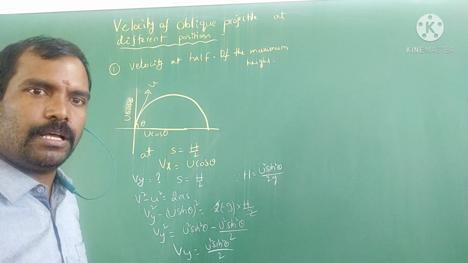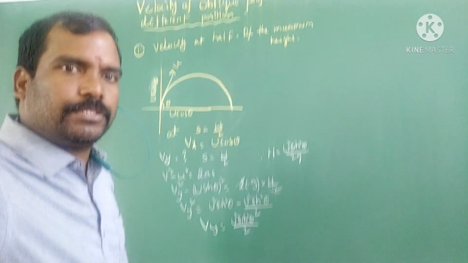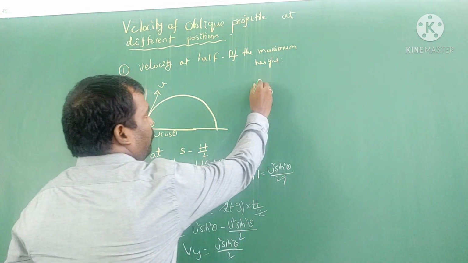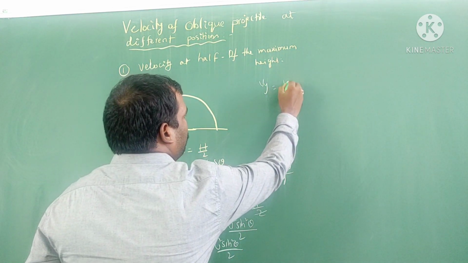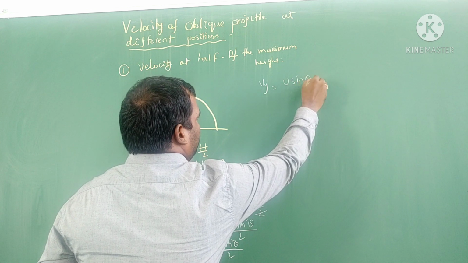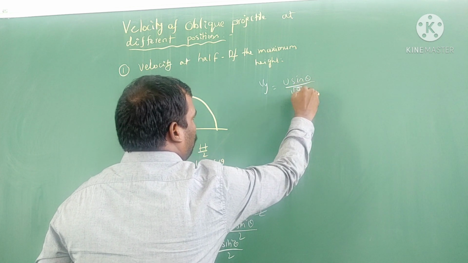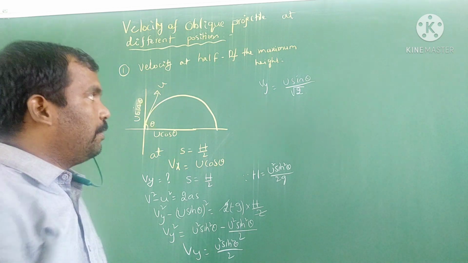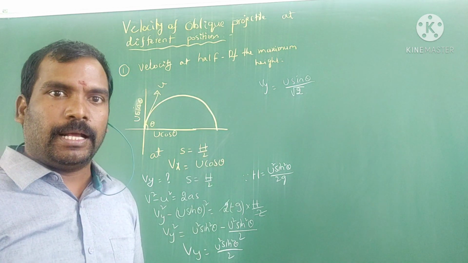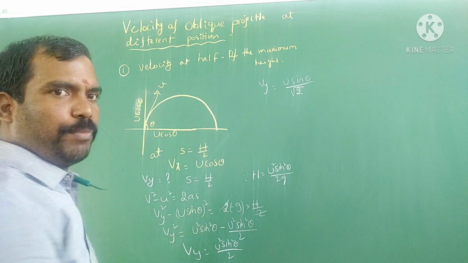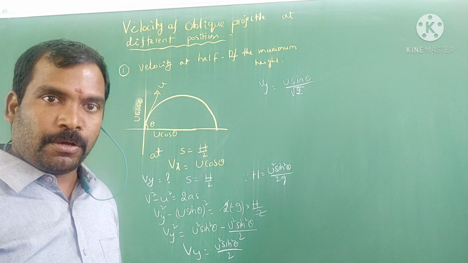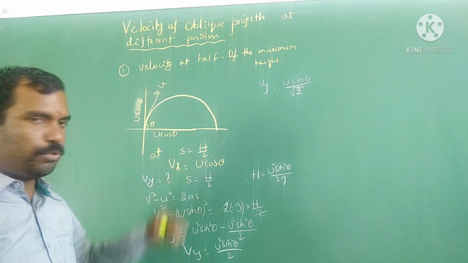1 minus half is half. Therefore Vy is equal to u sin theta by root 2. This is the vertical velocity of oblique projectile at half of the maximum height. Whereas Vx is equal to u cos theta.